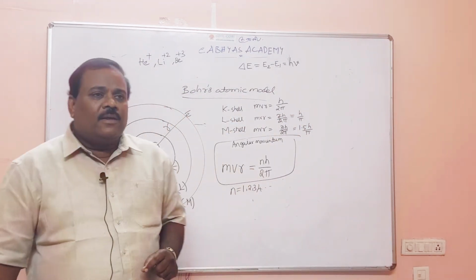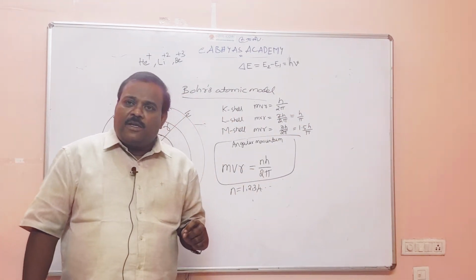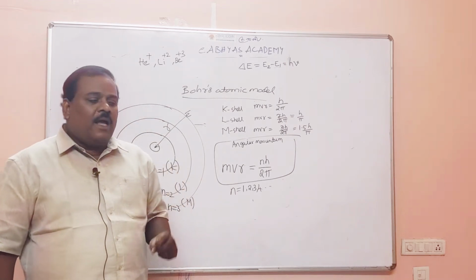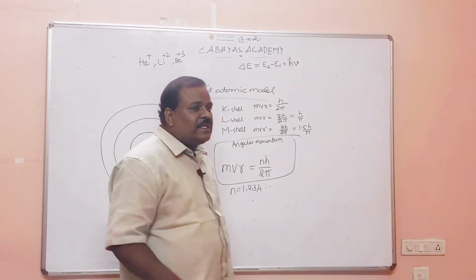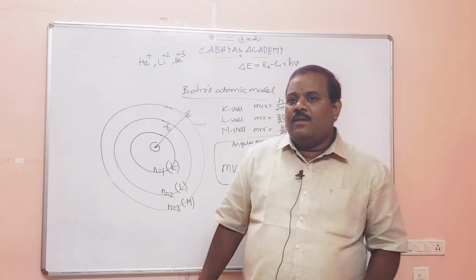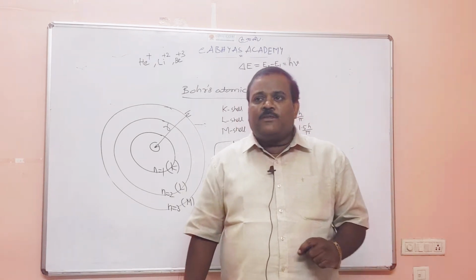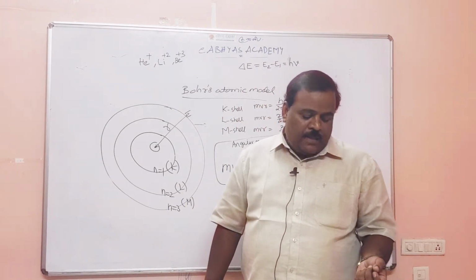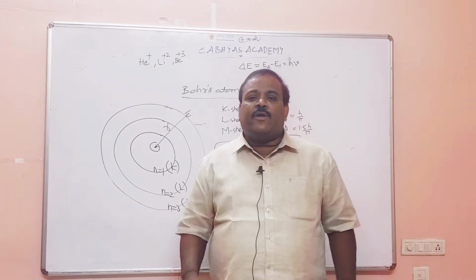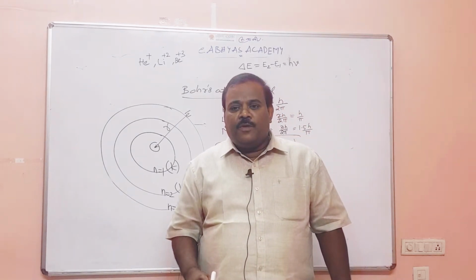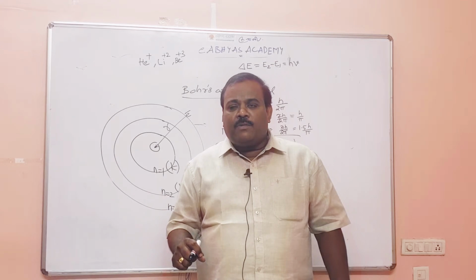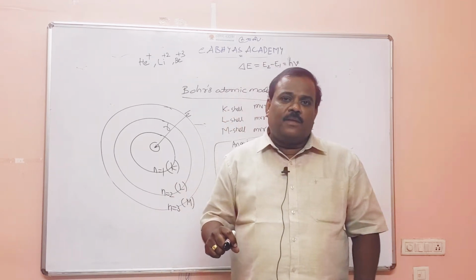Third drawback, this theory contradicts Heisenberg uncertainty principle. Heisenberg's principle states that simultaneous and accurate determination of position and momentum of electron is impossible.